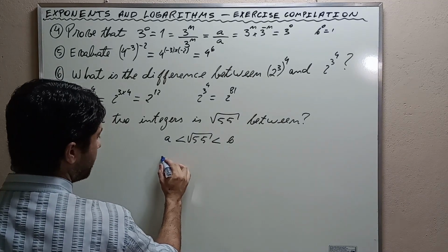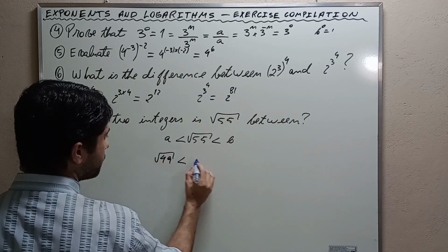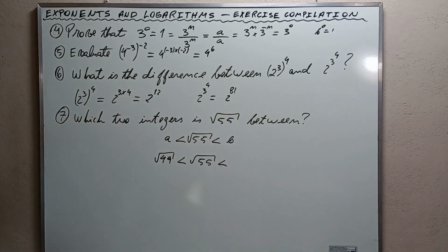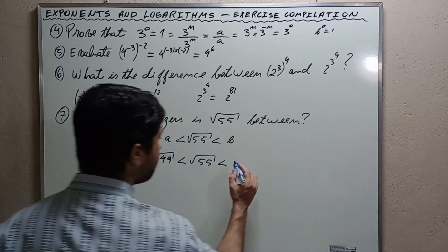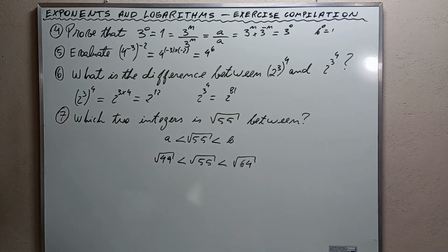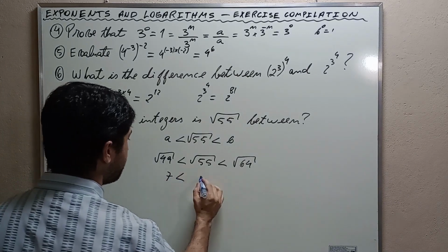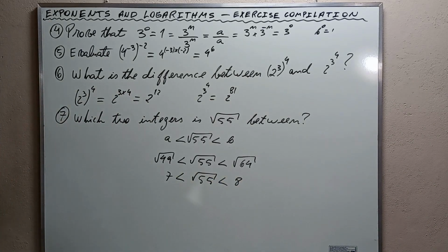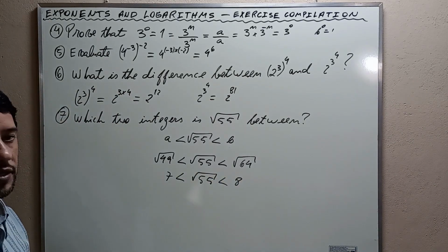It is going to be 49. And the closest number to 55 greater than 55 that has an integer square root, it is 64. Consequently, the square root of 55 is between 7 and 8. Okay, my friends, this is exercise 7.